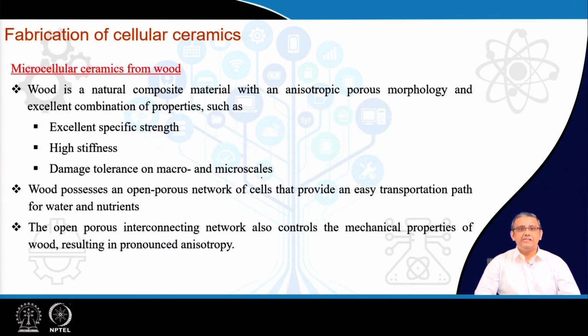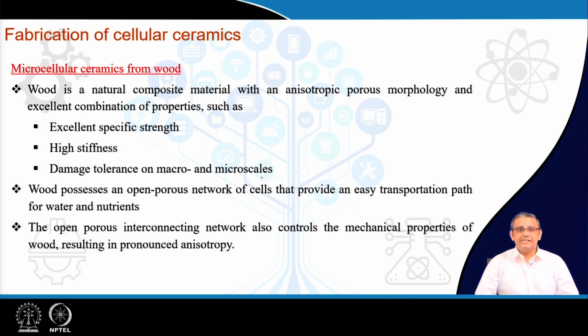Another variant of this replica technique is the fabrication of microcellular ceramics from wood. Wood, as I already mentioned in one of the previous lectures on material selection, is an excellent natural composite material with excellent properties like very high specific stiffness, excellent damage tolerance and a very nice microstructure.